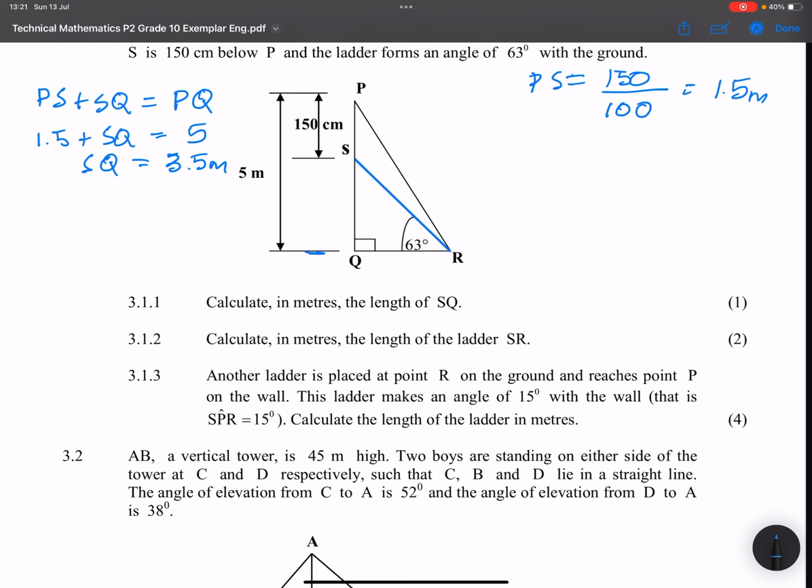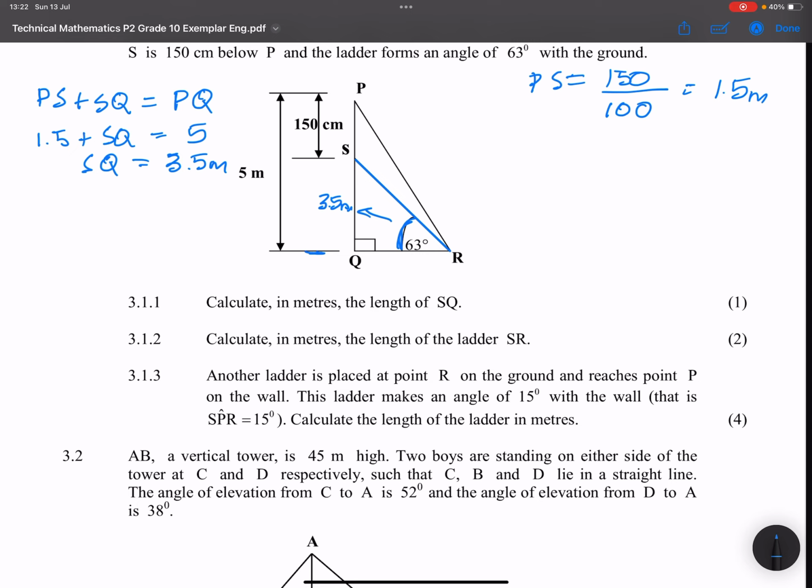So we are going to use our trig ratios, right? We know in this case the angle 63 degrees, but we also now know what the value of SQ is, which is 3.5 meters. Okay, so we know the side that is opposite, and we are looking for the hypotenuse in that case.